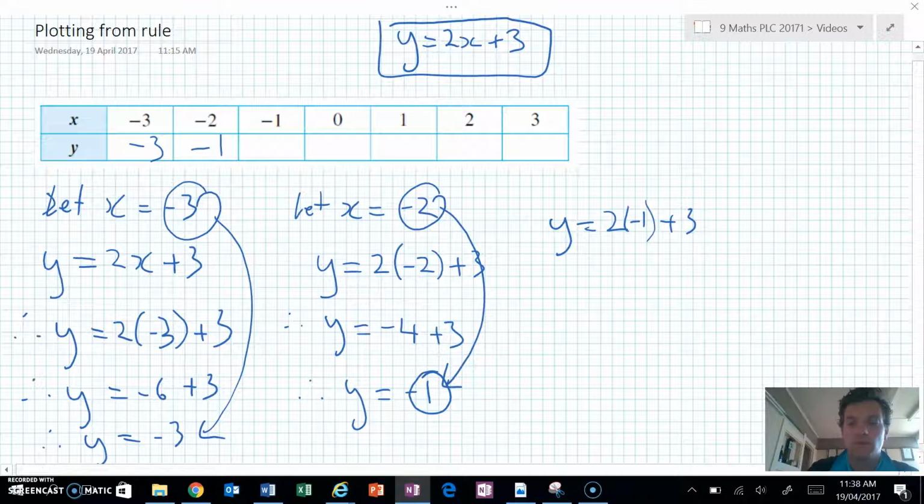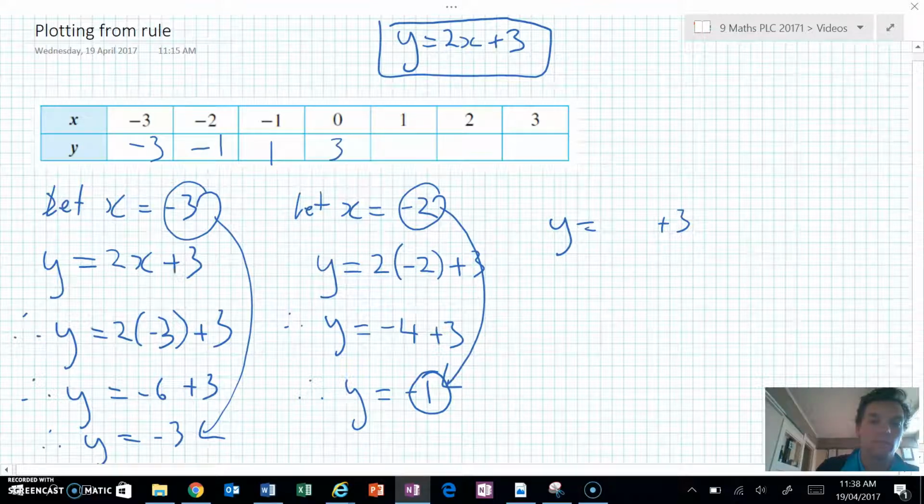So if it's -1, that first term here is going to be -2 plus 3, which means my y value is going to be +1. When I think about the equation of y equals 2x plus 3, when x is equal to 0, I know that that cancels out and I'm left with a +3.